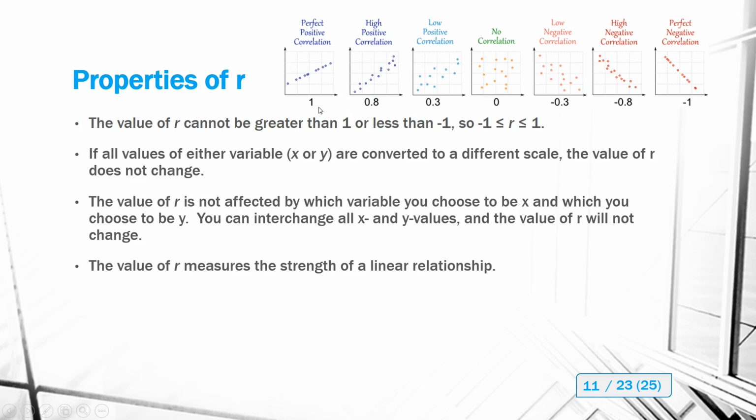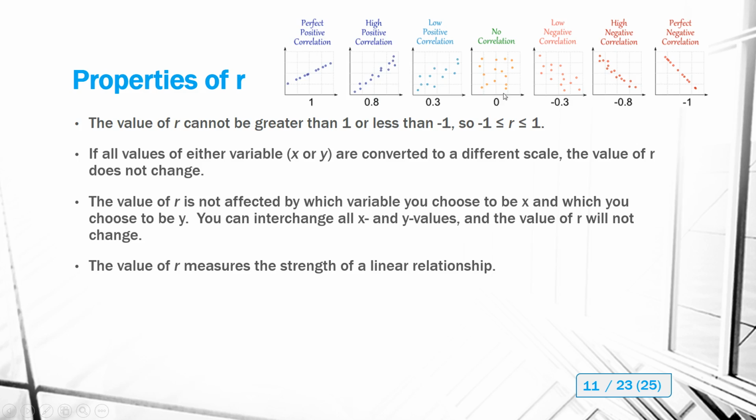Notice that the closer our r value gets to 1, the closer our data points approximate that straight line pattern. The further away it gets from 1 and the closer it gets to 0, the more scattered and less like that straight line pattern we see. Again, on the flip side of our range, the closer we get to -1, the more the data points conform to that straight line pattern.